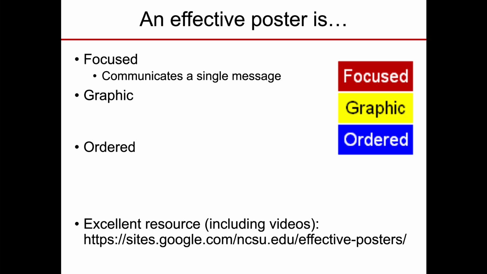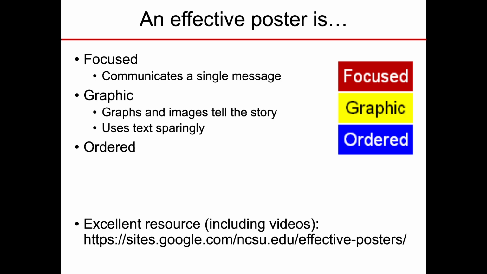With posters, you've got that 36-inch by 48-inch piece of poster, and that's what you get. That is the real estate that you have. So you're very limited on space. You have to be focused. You have to make sure that your message is concise and that you are telling a good story with the limited real estate that you have. Posters are also very visual.